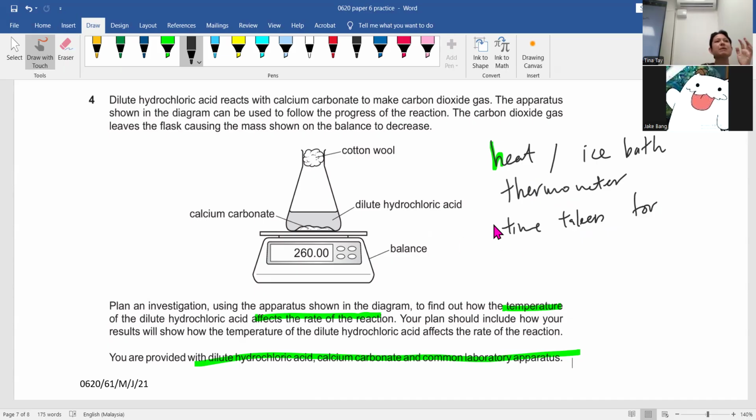Okay, you can do time taken for 5 grams of carbon dioxide to be released. Or you can put time taken for 10 grams of calcium carbonate to fully react. Do you understand? Okay, and then you just measure the time. The one that uses the shortest time is the fastest reaction.